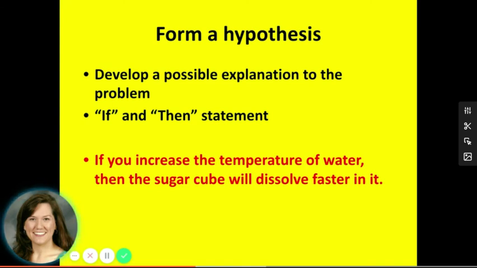Usually, but not always, a hypothesis is a statement that's written in if and then. So, for example, if you increase the temperature of water, then the sugar cube will dissolve faster in it. So you would be testing to see if the temperature of the water had any effect on how fast the sugar cube would dissolve. That's what you're testing. That's your hypothesis.